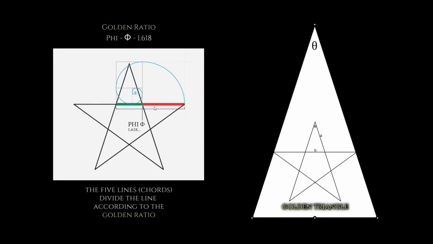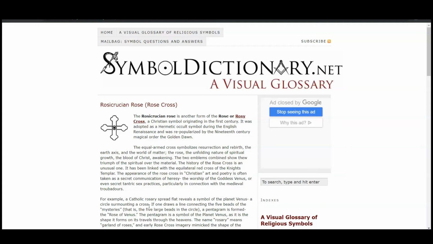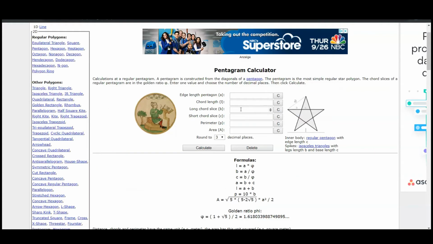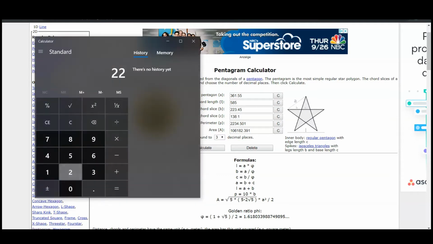The longest line here, or chord, and the intersections of the other chords of the star create the golden ratio. If we look at the pentagram calculator here, we'll enter a value for the chord length, and we'll look at B and C, these two values. The 223.45 divided by the 138.1 gives us our golden ratio, the 1.618.